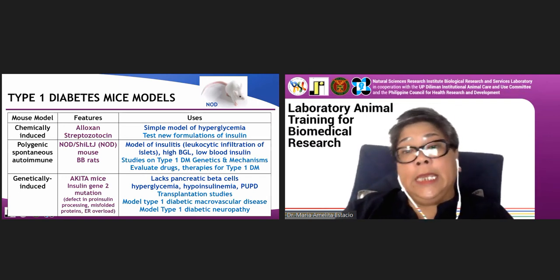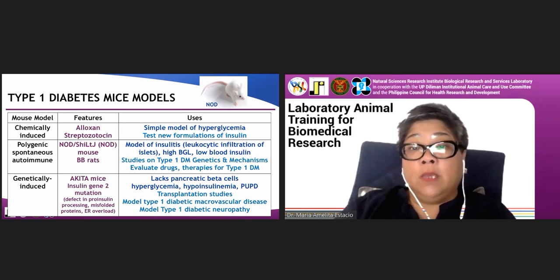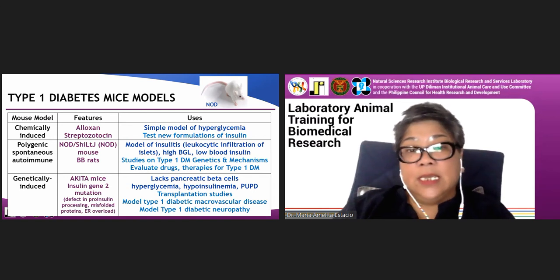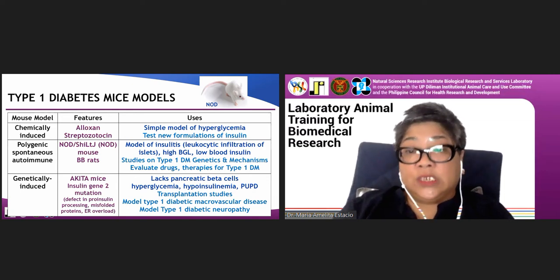So the body of the animal is eliciting an autoimmune response to the pancreatic beta cells. So it's recognizing the pancreatic islets as foreign. So it's eliciting a leukocytic infiltration to destroy it.